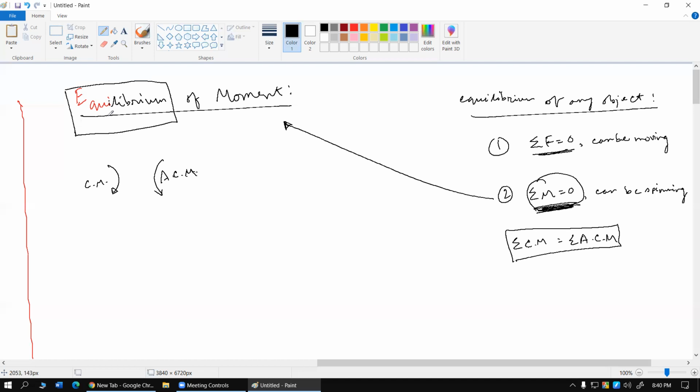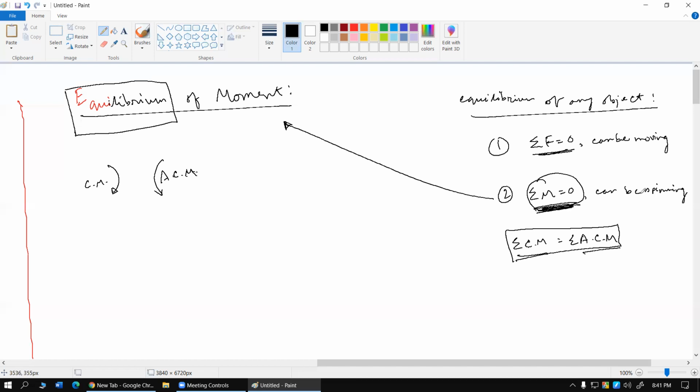But if you write that an object will be in equilibrium of moment when the sum of all clockwise moments and the sum of all anti-clockwise moments are equal, that's what the examiners appreciate more. That's a more elaborate descriptive form. Basically, it explains that you have actually understood the idea all through. So that's what we should preferably write if it ever comes as a statement-based question, 1 mark or 2 marks.